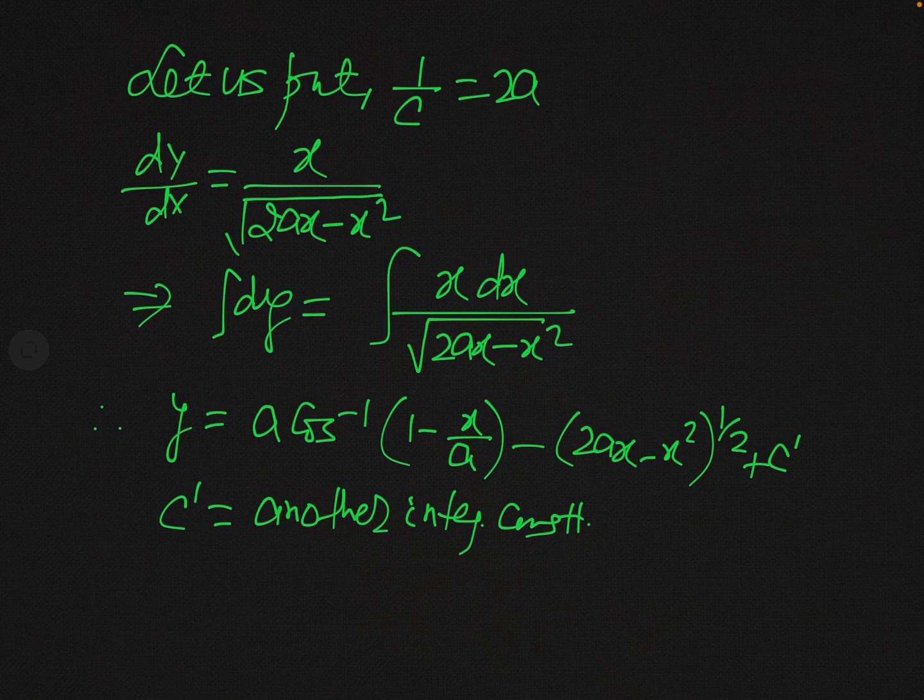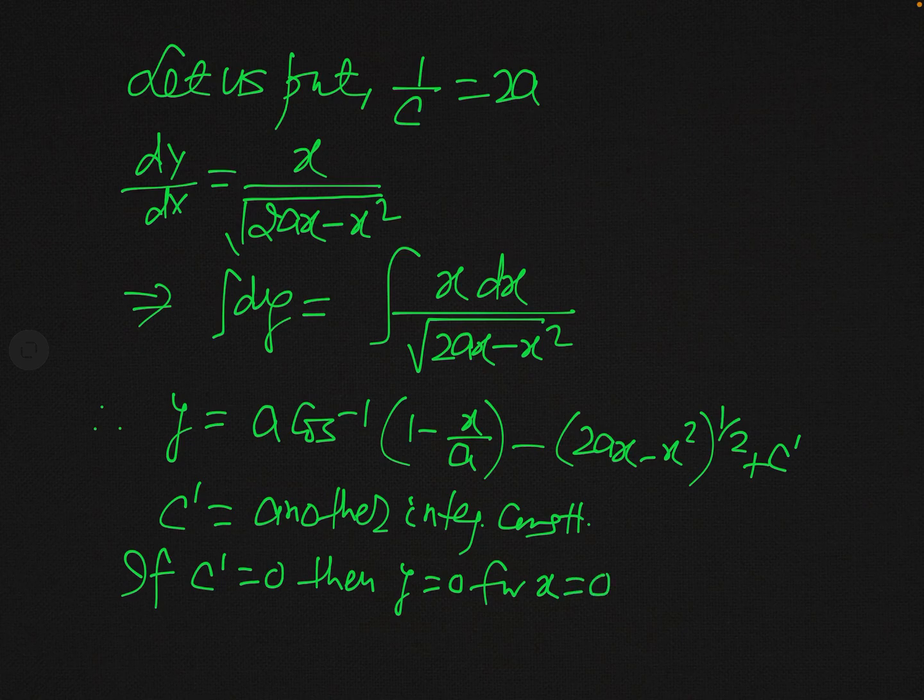In fact, if you consider this c prime equal to 0, then for x equal to 0, y will also be 0. I have considered in the figure the value of x equal to 0. So if c prime equals 0, then y will be equal to 0 for x equal to 0.